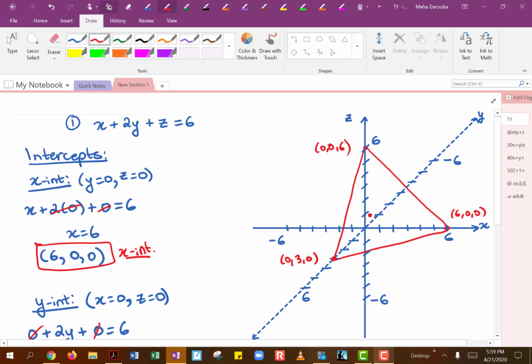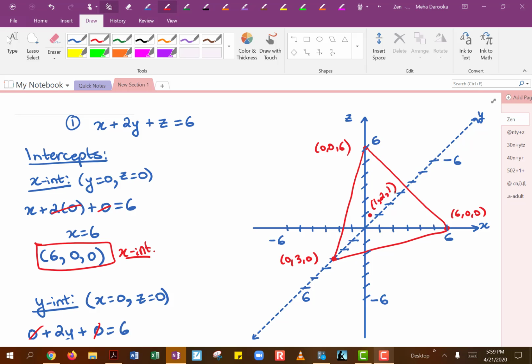This is always going to be the tricky one to try and graph, because, like we said, it's kind of hard to imagine what these three-dimensional planes might end up looking like. So basically this little triangle just shows you where our plane is going to be crossing each of the axes, but it's really hard for us to draw a whole entire three-dimensional plane.